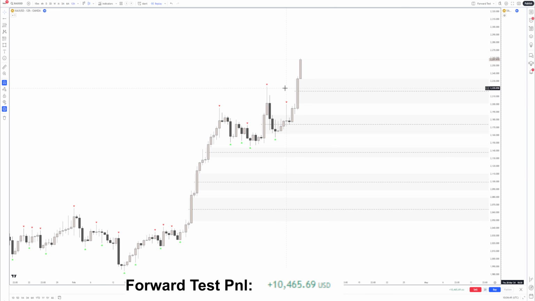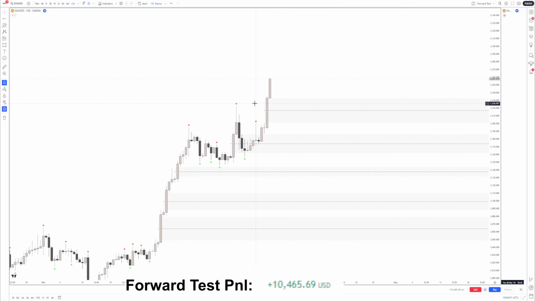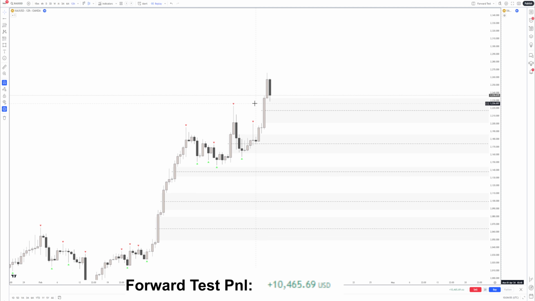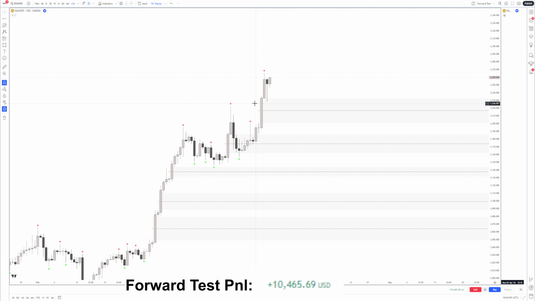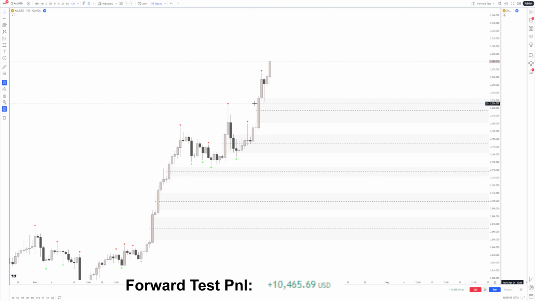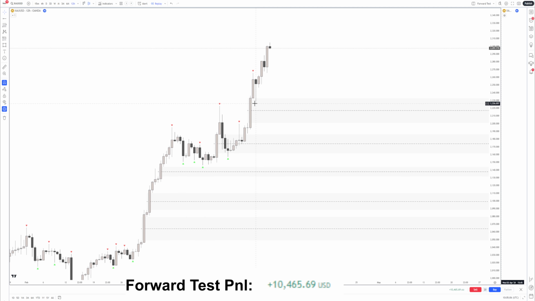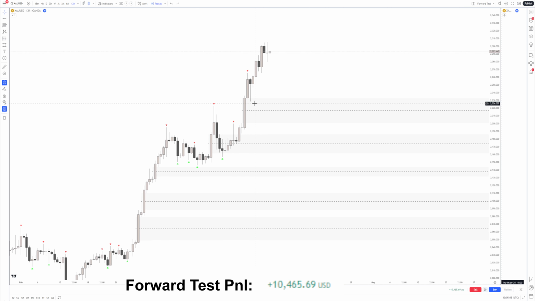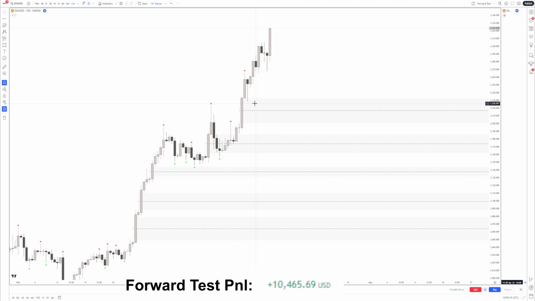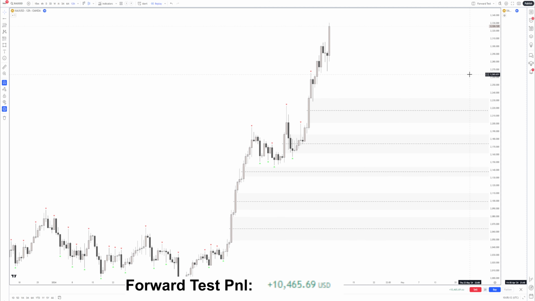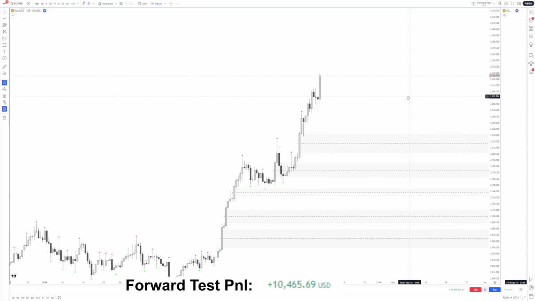Can we come back into this area here, and can we take another trade? Let's see what happens. Okay, we are coming somewhat down, not quite yet. Let's see what happens. Price just wants to go higher. Not a problem. Let it go higher.